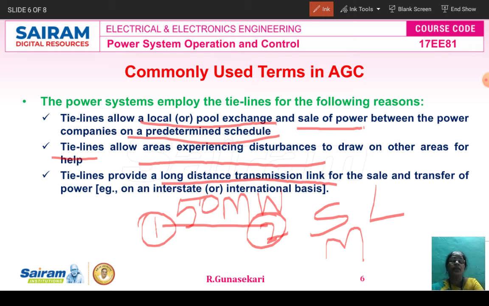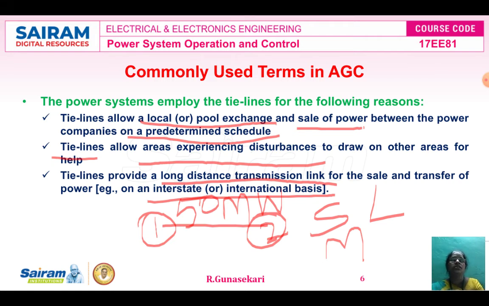This is on an interstate or international basis. Interstate means, for example, Karnataka to Tamil Nadu. International means, for example, the US to India. Either on an international or interstate basis, for the exchange or sale of power between the 2 power companies, the tie lines are used for long distance transmission.